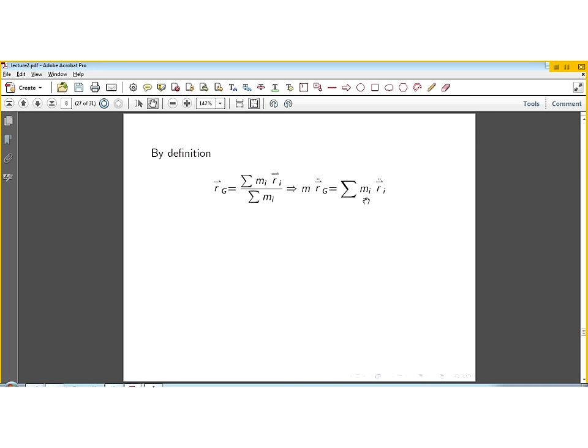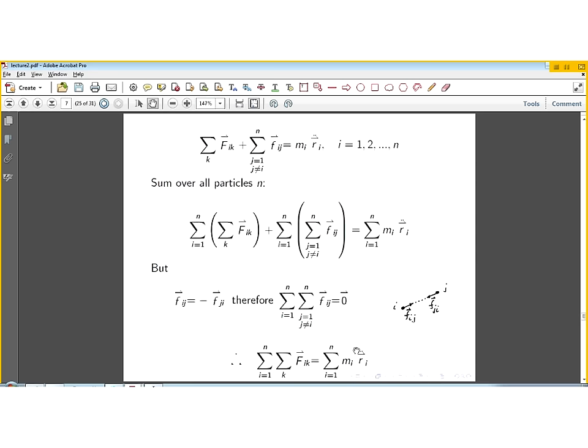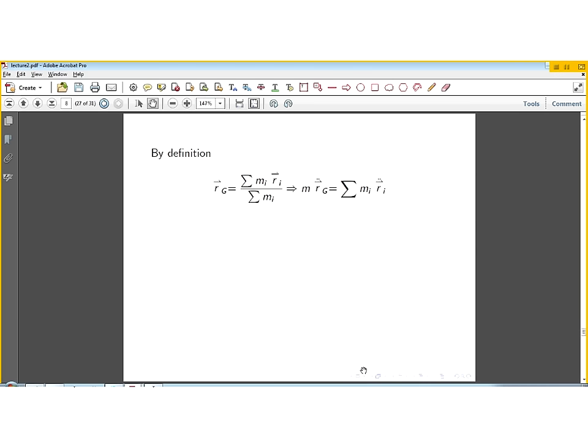And so since we have this summation on the right-hand side of our equation on the previous slide, let me just go back. You see there we have this. We've now expressed that as the total mass times the acceleration of the center of mass.